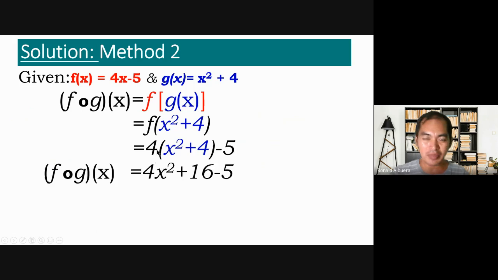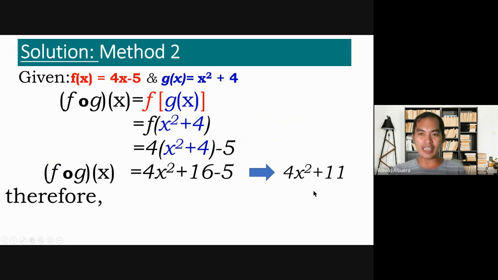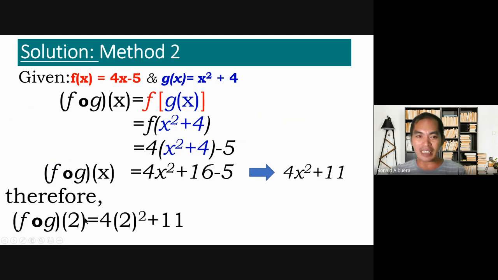Then, we distribute 4x squared. 4 times 4 is 16, minus 5 is 11. Saka tayo magsusubstitute ng f circle g evaluated when x is 2. Okay? Magsusubstitute na tayo dito. Ayan, ganyan o. So, yung 4x squared plus 11 as the composition of f and g.